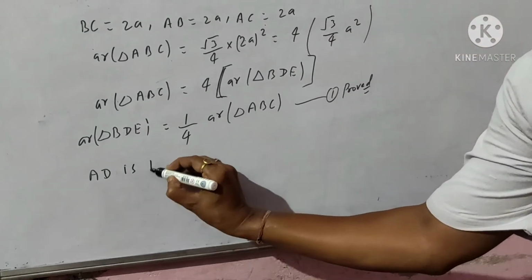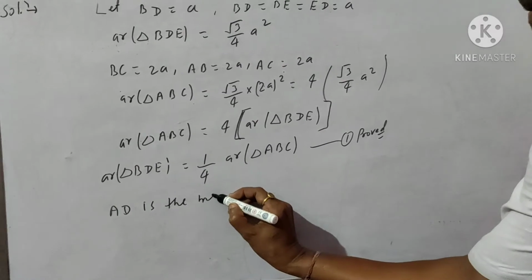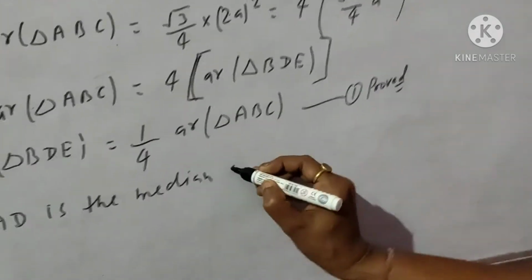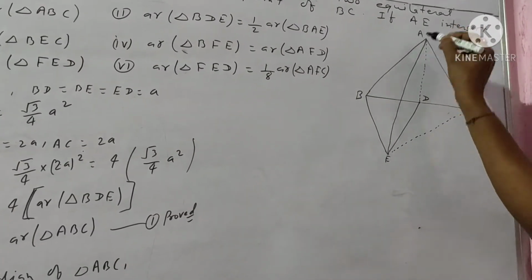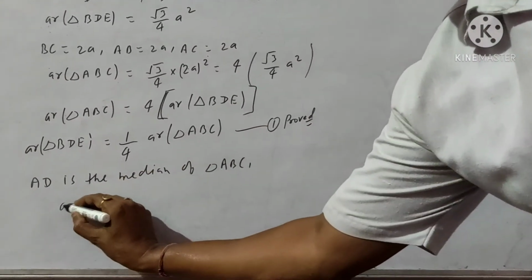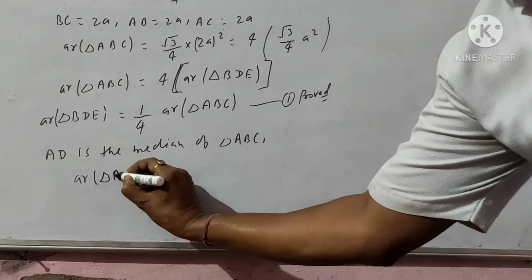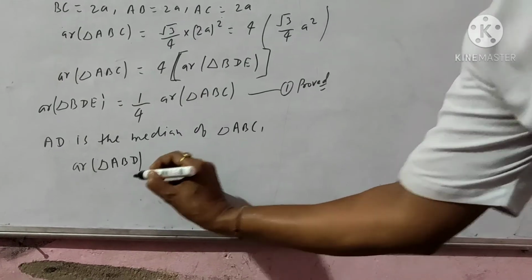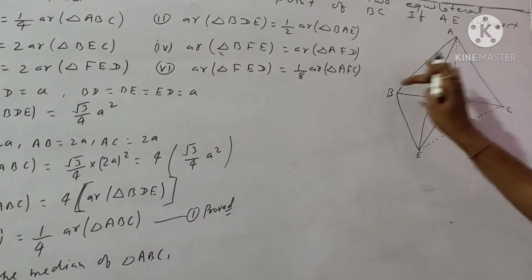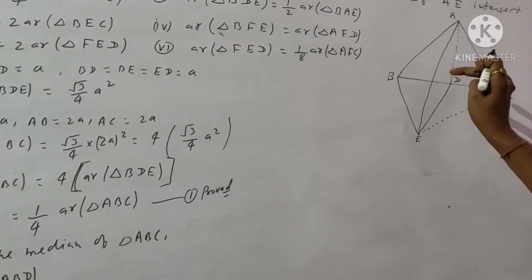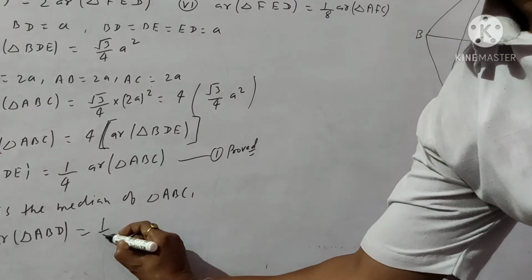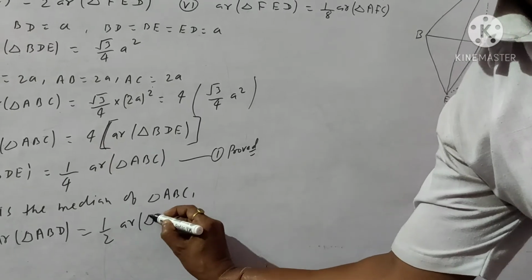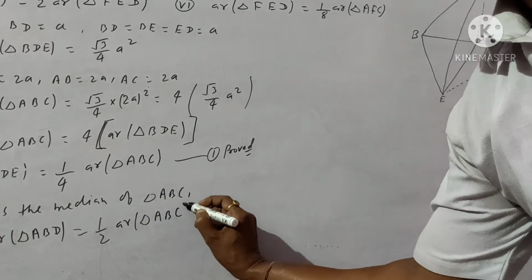AD is the median of triangle ABC. So we can write here, area of triangle ABD is equal to 1 by 2 area of triangle ABC.